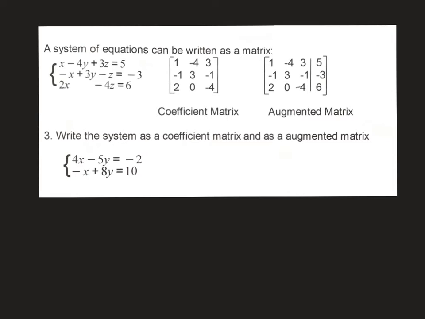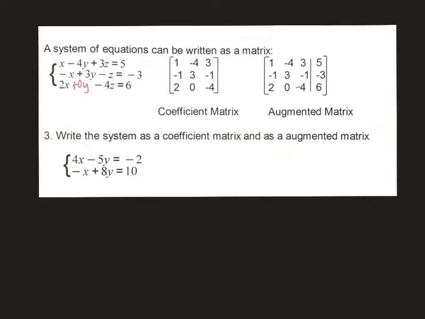So we've got 1, negative 4, 3. And then the second we have negative x, 3y, negative z. So negative 1, 3, negative 1. In that last one, we have 2x. We don't have any y's, so 0y, and we have negative 4z, so 2, 0, negative 4.